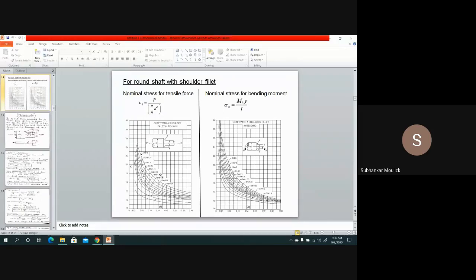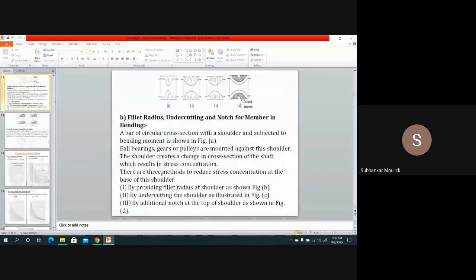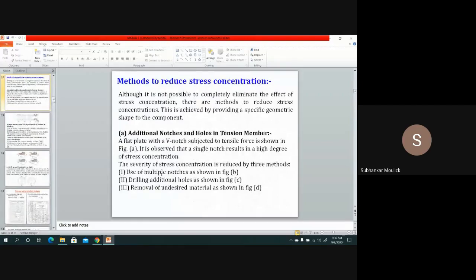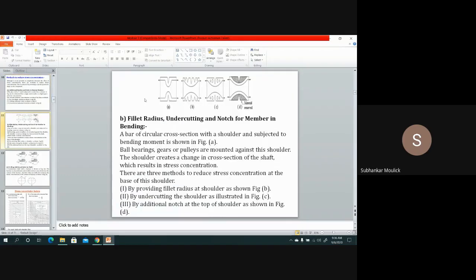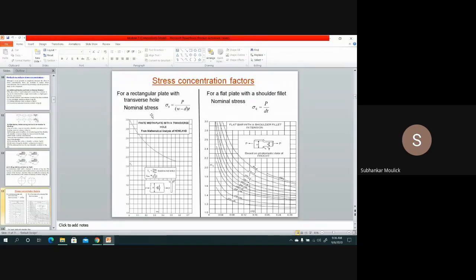Before starting today's class, let me give you a brief recap of what we covered in the last class. We discussed some methods to reduce stress concentration in any mechanical member, as well as how to calculate the values of stress concentration factor when a member is subjected to different types of loading conditions by the use of design data book.